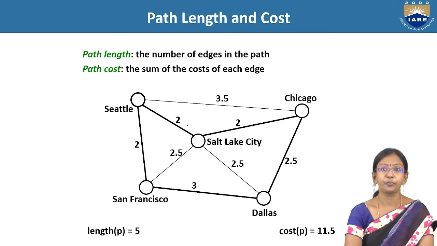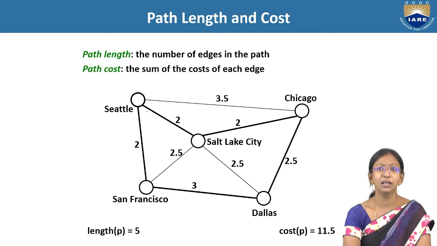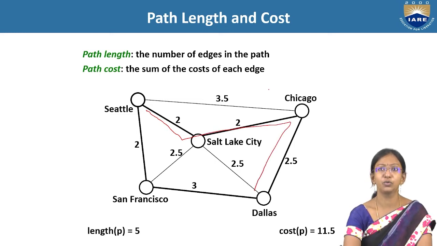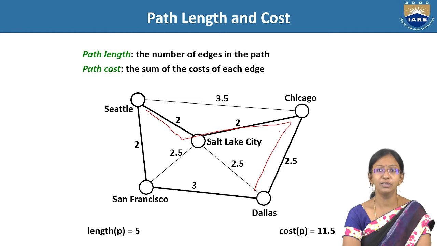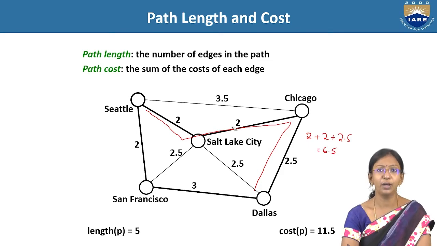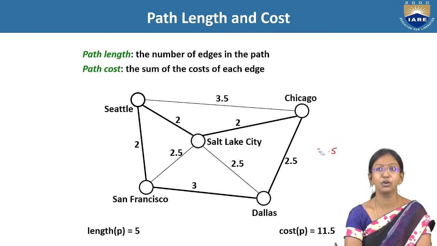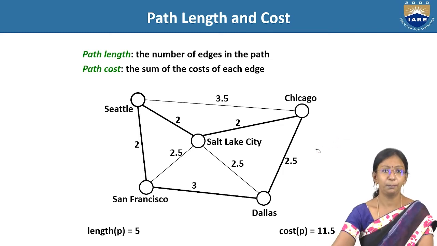If you are traveling from Seattle to Dallas via Salt Lake and Chicago, then the path cost will be: Seattle to Salt Lake is 2, Salt Lake City to Chicago is 2, Chicago to Dallas is 2.5. So the total path cost is 6.5. This is how we calculate the path cost. Path cost is the sum of the costs on the edges in that path.